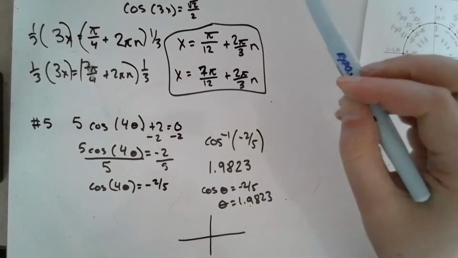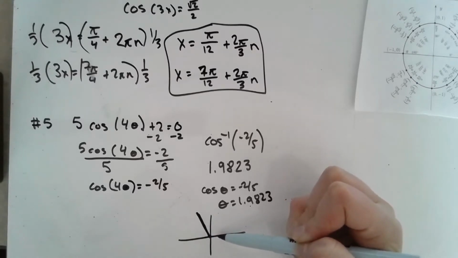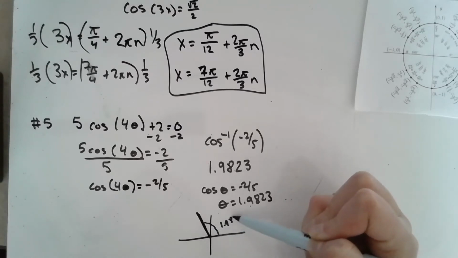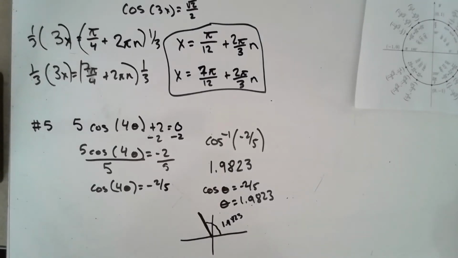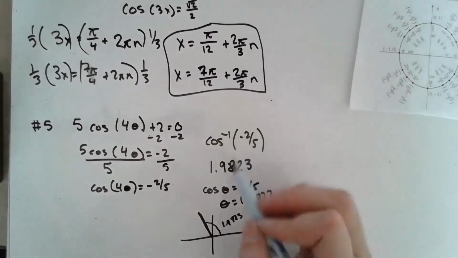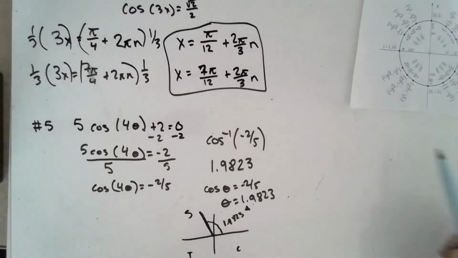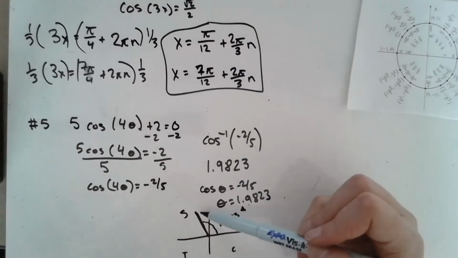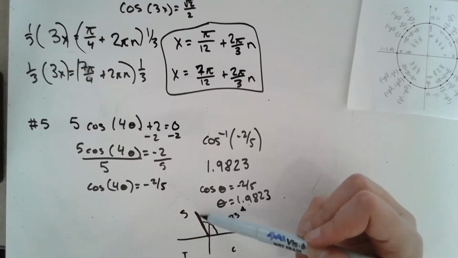Okay, cosine was -2/5, so it would be maybe about here, give or take. Okay, so if it's clear over there, we know cosine. All students take calculus. So cosine was negative.